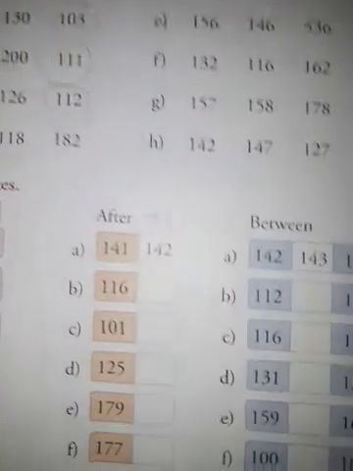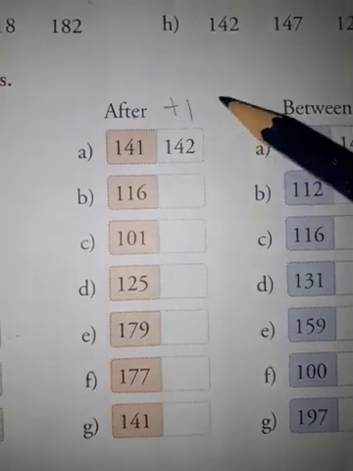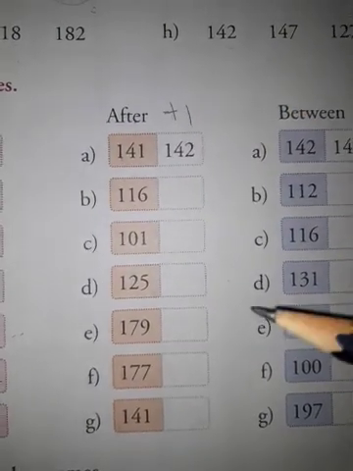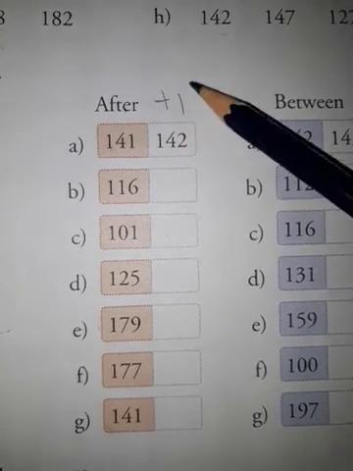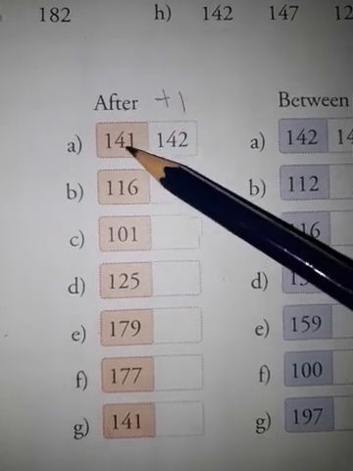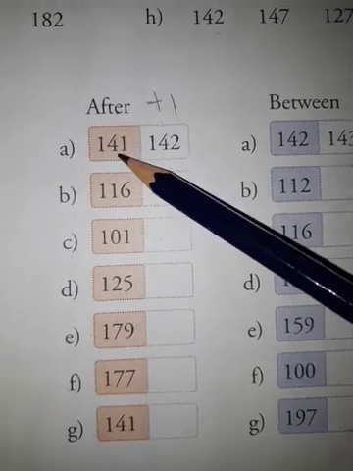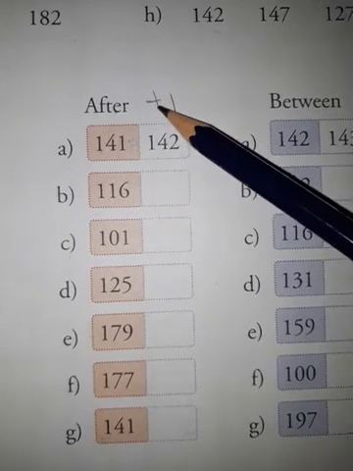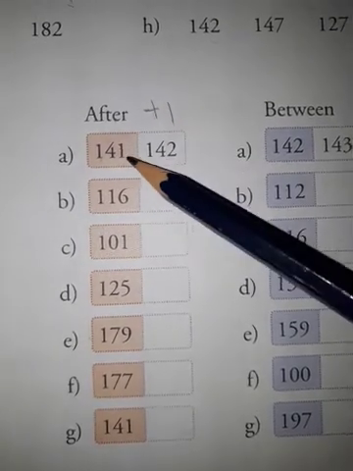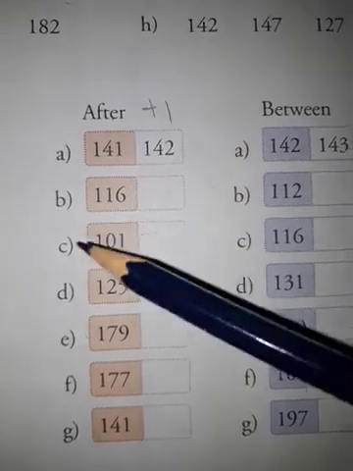Okay. After: when you want to find the after number, you increase by 1, you add 1, like this. 141. So what comes after 141? You add plus 1, 1 plus 1 is 2. So what we get is 142.